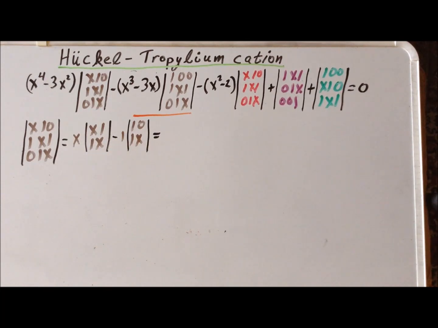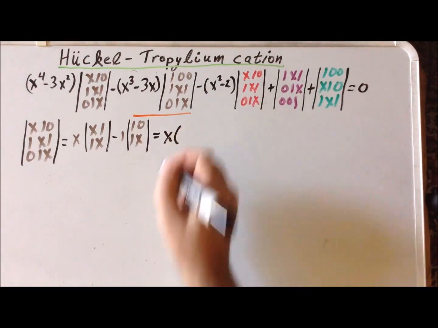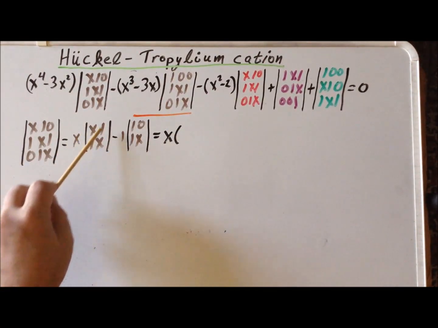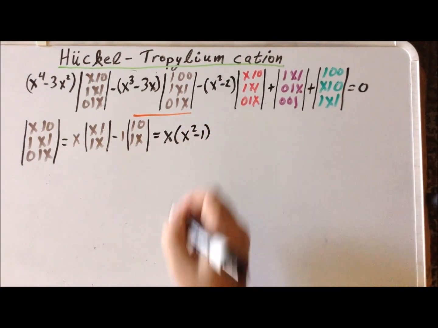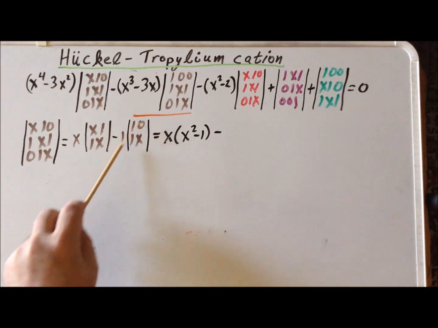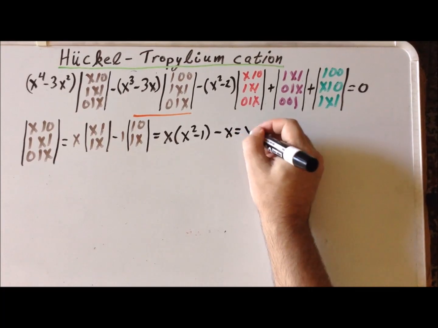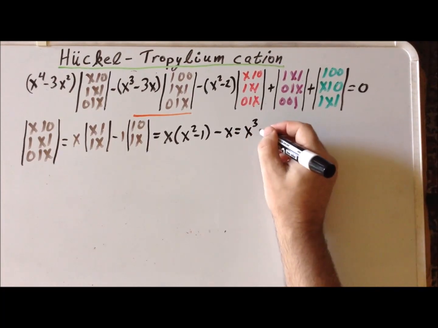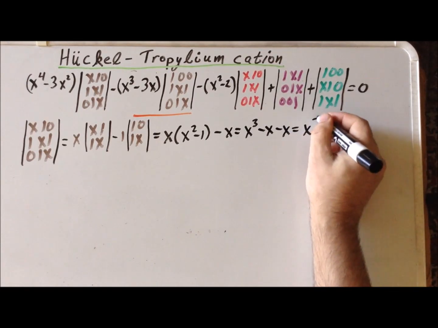Well, we can evaluate 2 by 2 determinants on sight, so we have our coefficient of x. This is x times x minus 1 times 1, which is x squared minus 1. Minus, and then here we have 1 times x minus 0 times 1. So this is simply minus x. So evaluating, we get x cubed minus x, which is x cubed minus 2x.